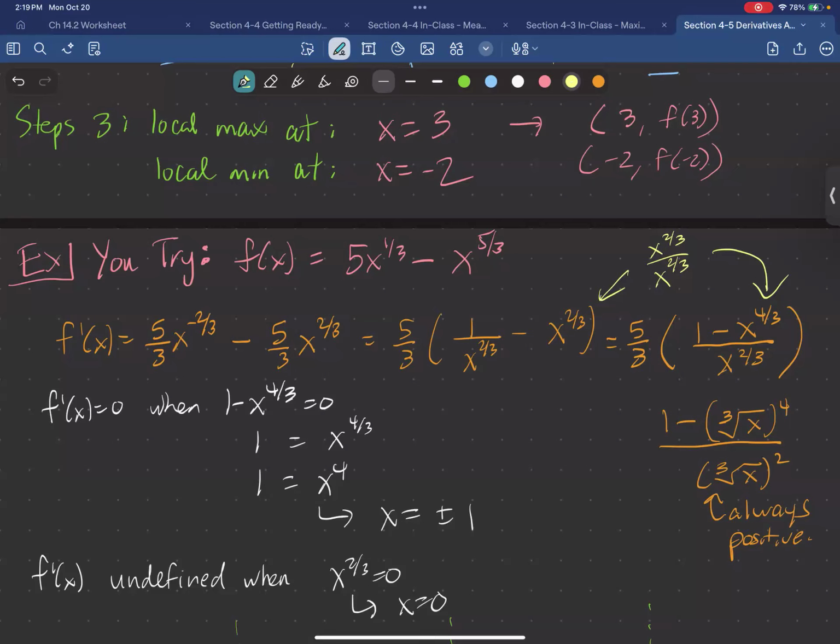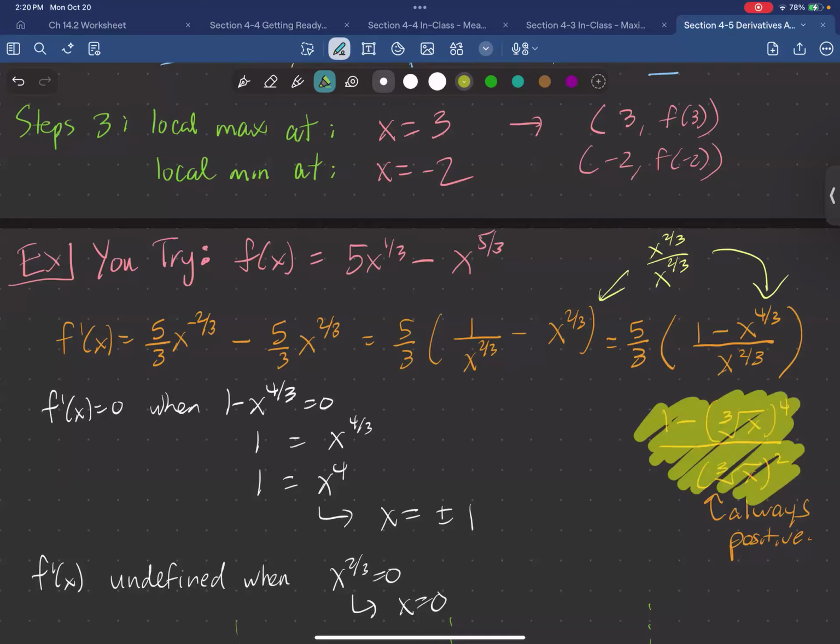And it's worth writing it in this format right here, where I use radical signs and put the cube root on the inside. I think you will find that it's easier to recognize the bottom is something squared.